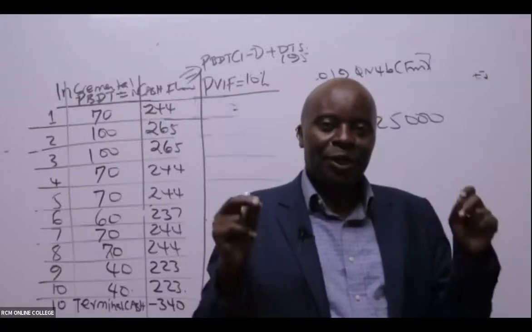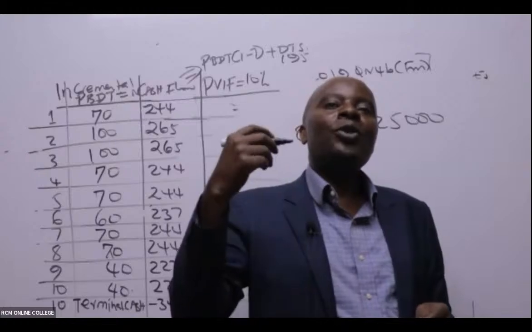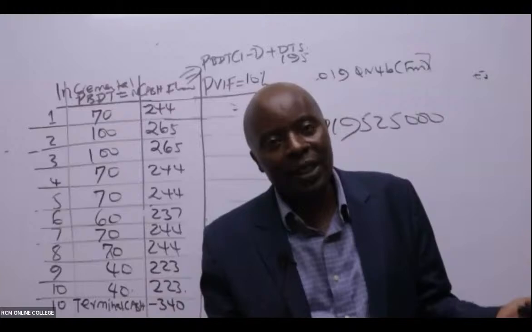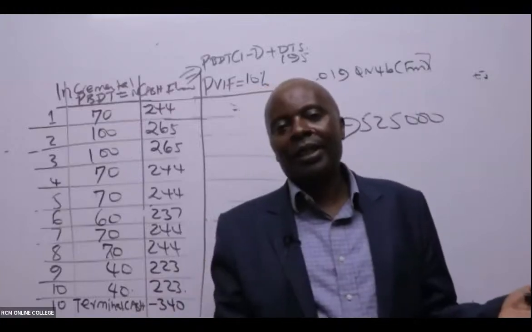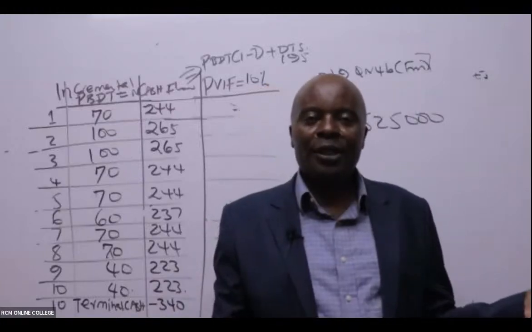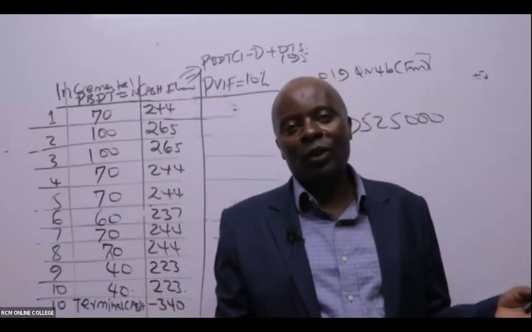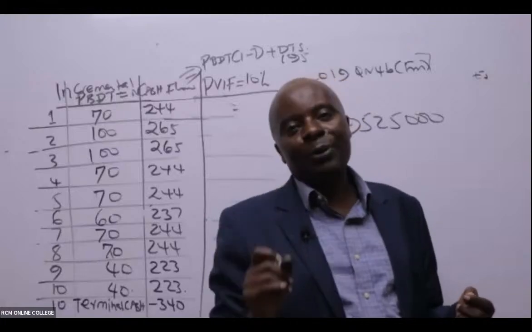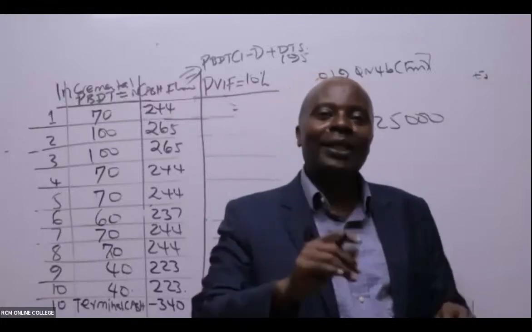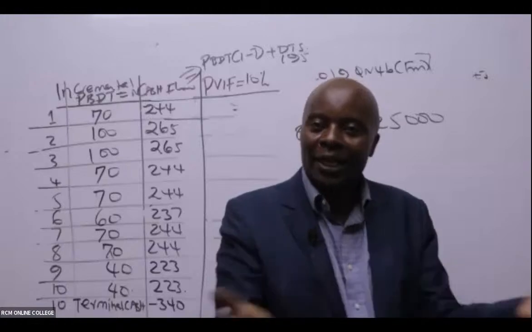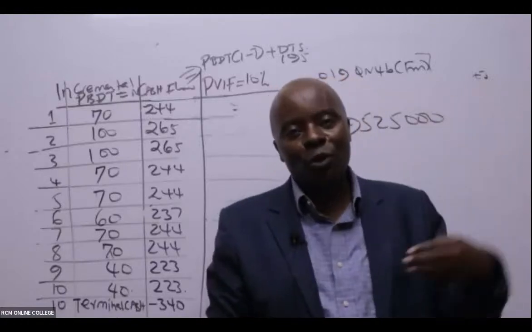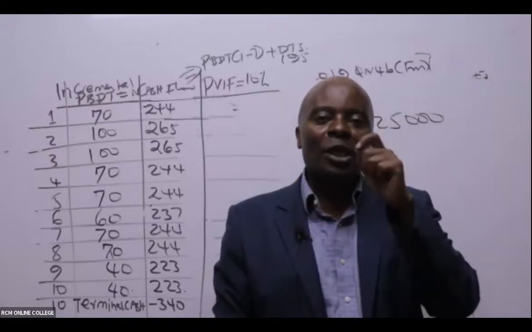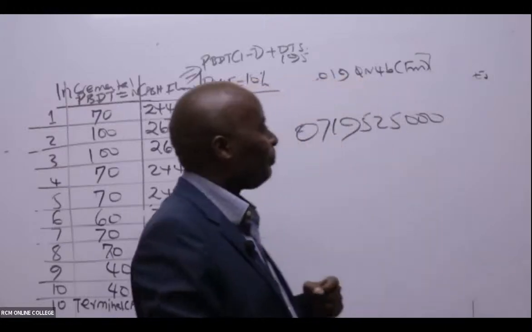For example, a serious examiner would even want you to use Hamada's equation. This is a junior level, so they give you the cost of capital directly because they don't want to scare students who are starting their career. At advanced level, you have to go through some meanders to get the cost of capital, which I'll be able to teach you.